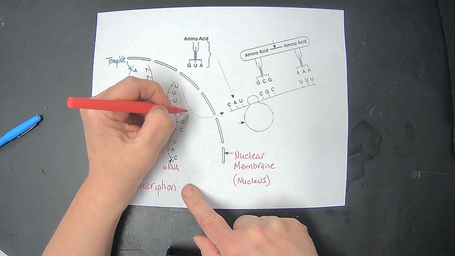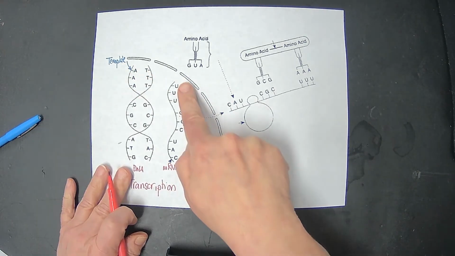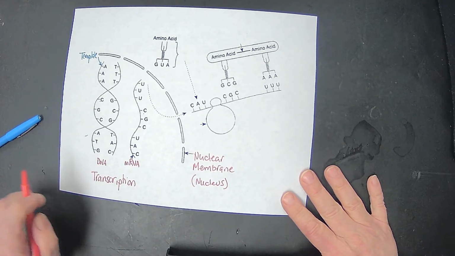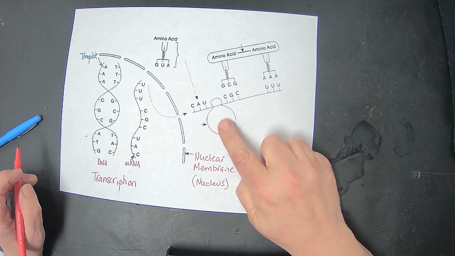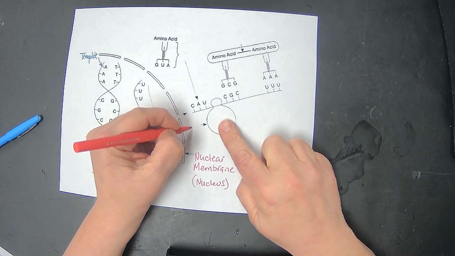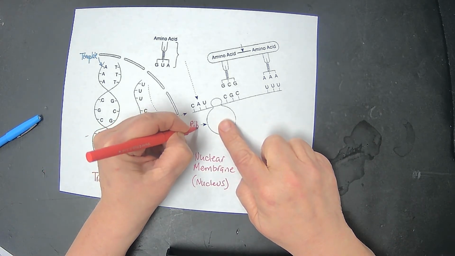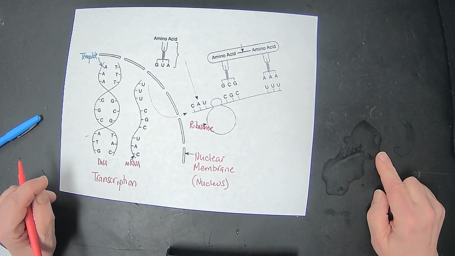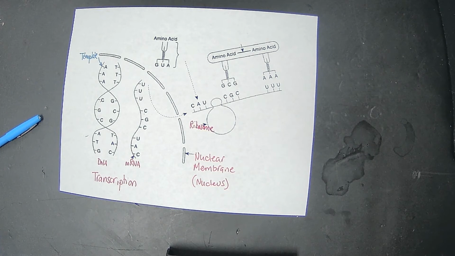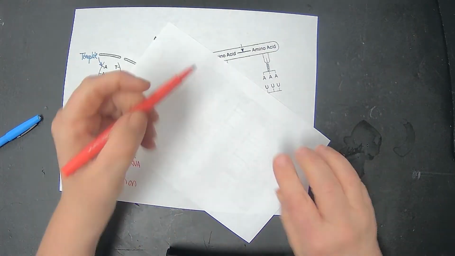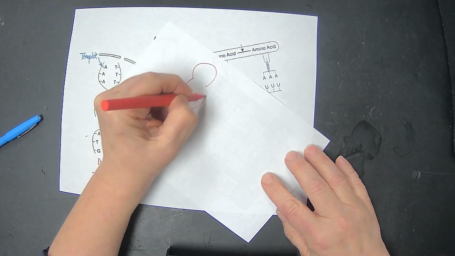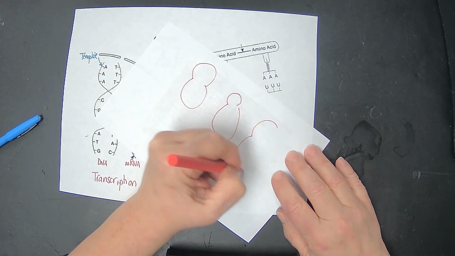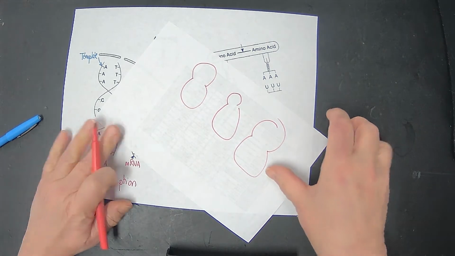We can see that the messenger RNA is leaving the nuclear membrane, so it's going outside of the nucleus, and it's going to this thing here, and this is called a ribosome. Ribosomes have all different sorts of drawings, but pretty much always they look like they've got a big bit and a little bit, it's always kind of that shape.